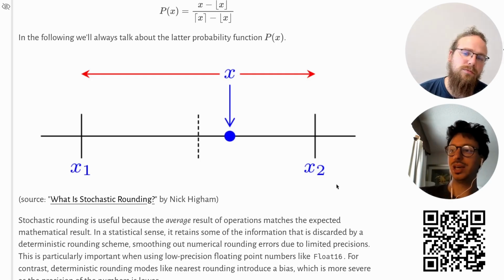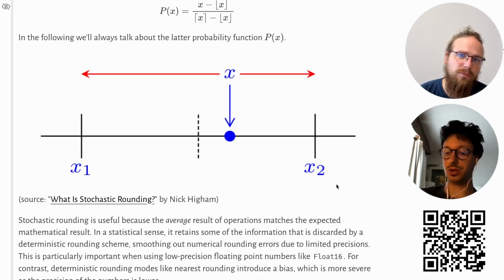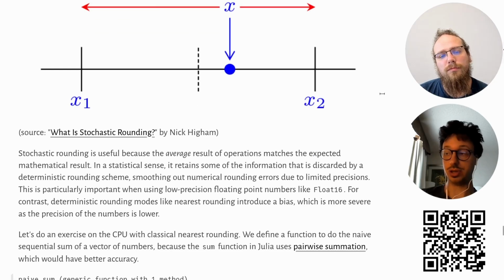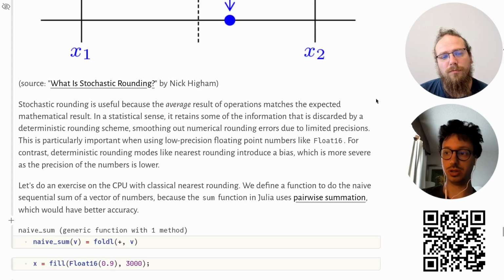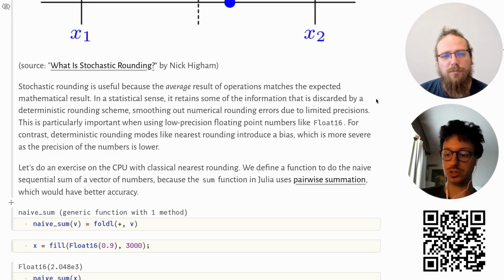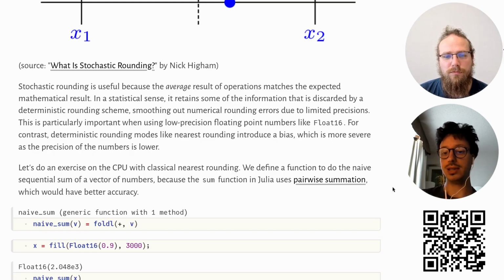but still this sometimes happens. And stochastic rounding is very useful because it can reduce the error introduced by the bias of always rounding to the same number in the same way. This is especially important for low precision floating point number operations.